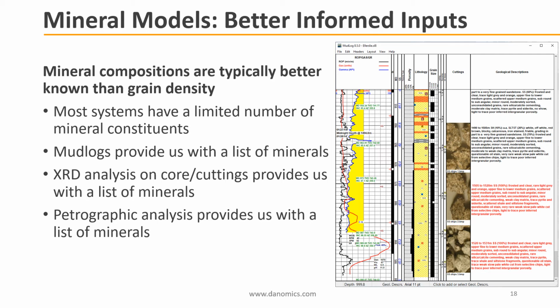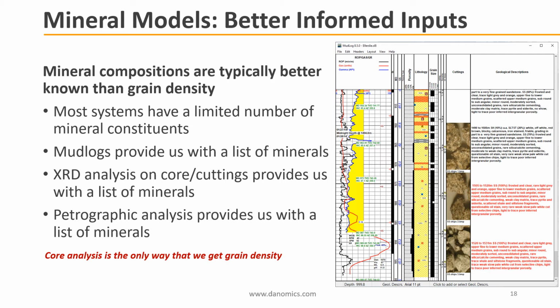Whereas if we contrast that with trying to set a rho matrix value, in order to do that, we need to take our core or our cuttings and measure the grain density. Now, this is something that can easily be done, but it is a more expensive process than some of the methods I have outlined above.